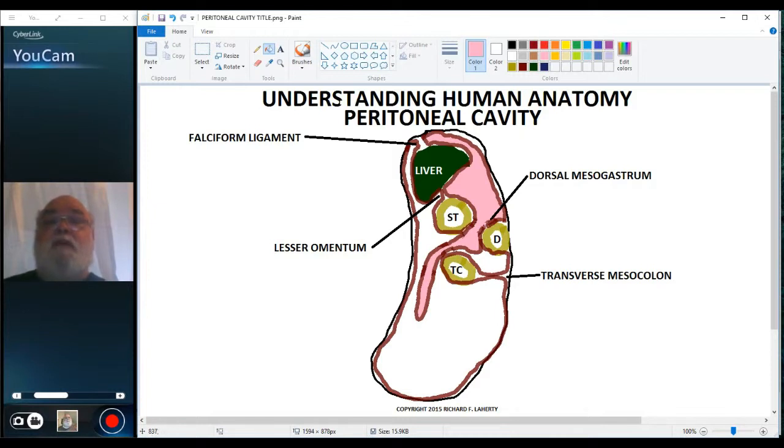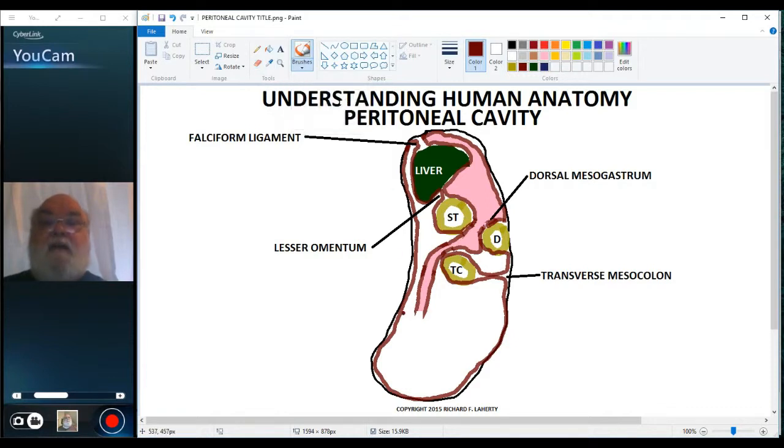Omentum is a term that means apron, and the greater omentum hangs down over our intestinal tract, between the intestinal tract and the ventral body wall, and looks very much like an apron.